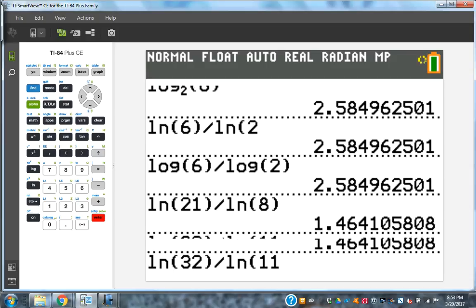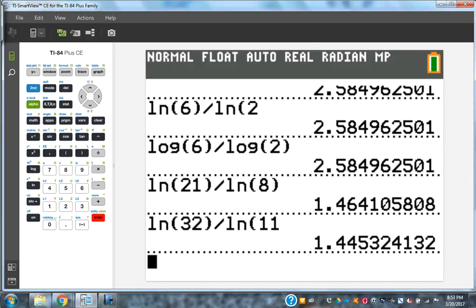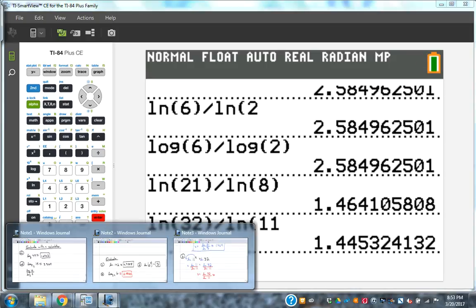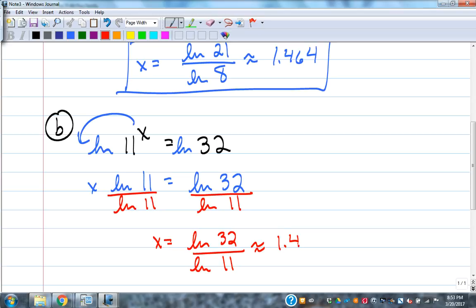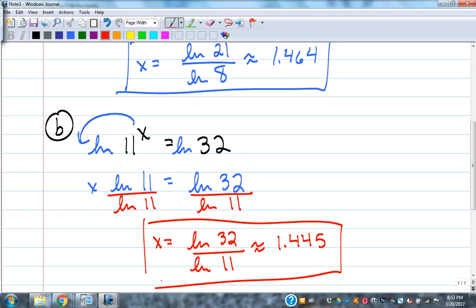And let's go 3 decimal places again. 1.445. Exact answer is the natural log of 32 divided by natural log of 11. Decimal approximation 1.445. So far, not too bad.